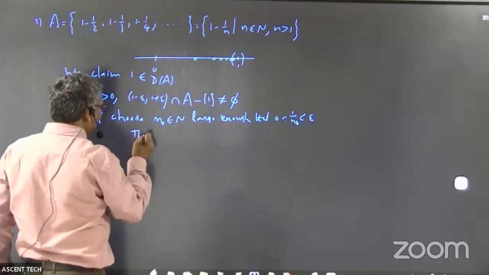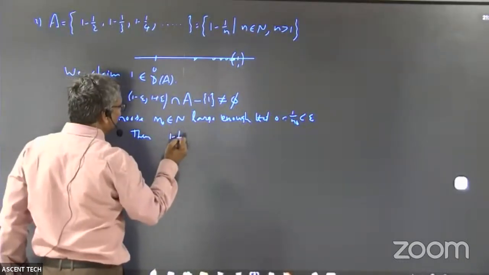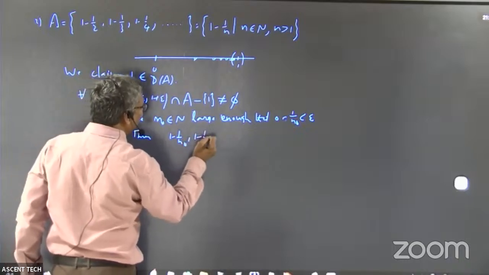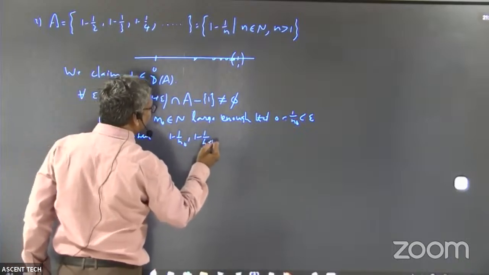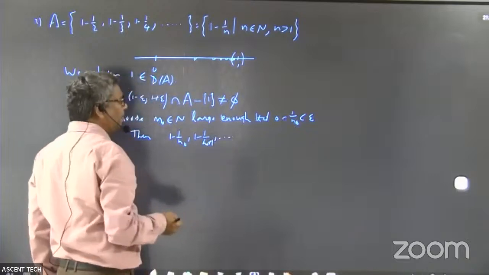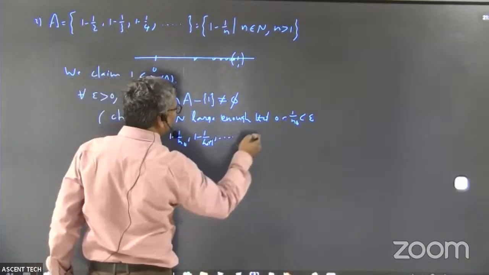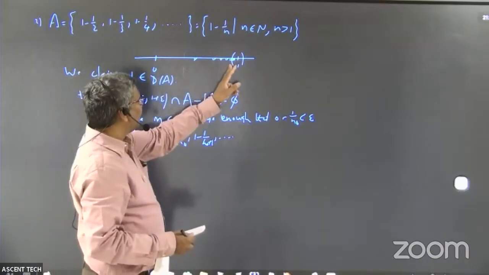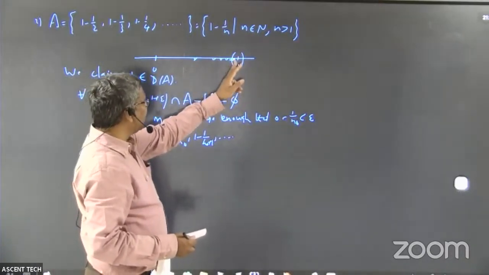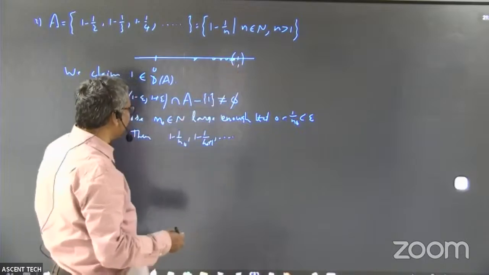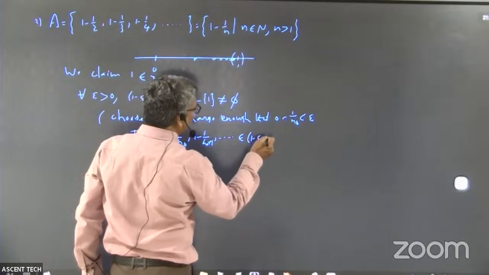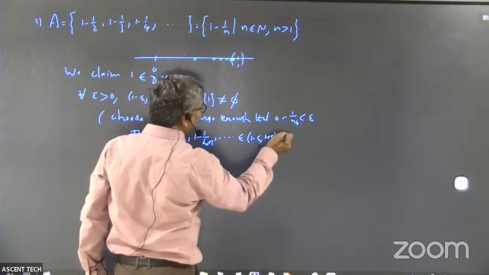Then what about 1 minus 1 by n naught, 1 minus 1 by n naught plus 1, and so on? Where are they going to be? They all come very close, and they all belong to 1 minus epsilon to 1 plus epsilon, and they are also members of A.